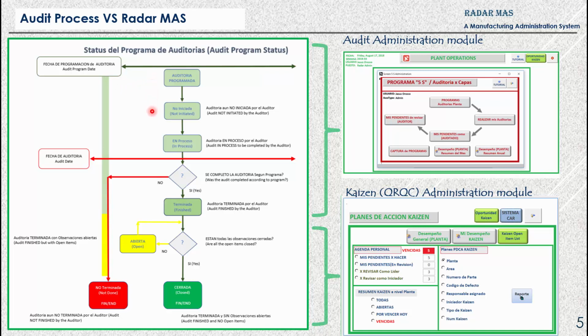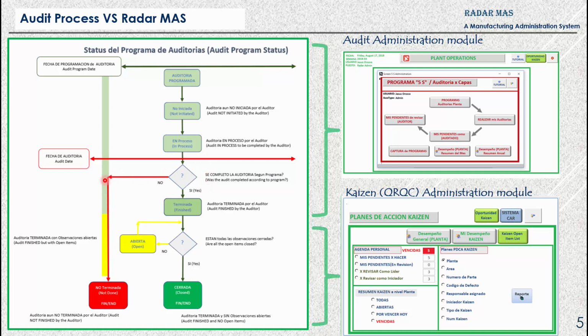The following status is that the audit has not been initiated. That is the default status. Once the auditor begins auditing the specific area, the audit is now in process. If for some reason the target date to perform the audit is before today's date, the following question arises: has the audit been completed?